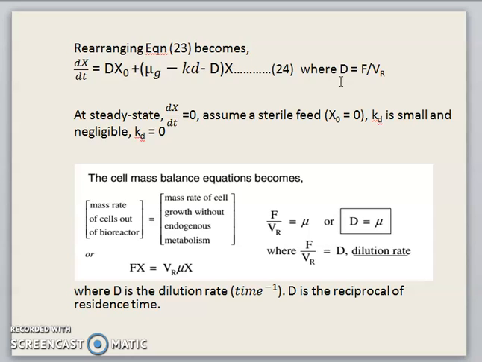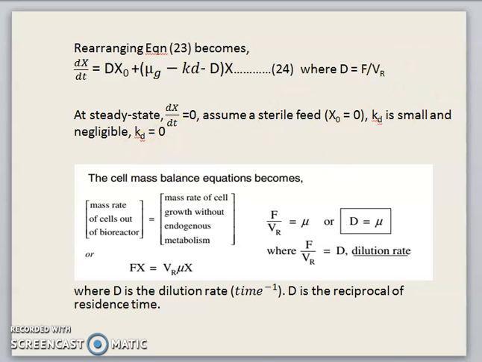You can calculate this dilution rate if you have the flow rate, then divide by the volume of the reactor, and then you will have the dilution rate. This volume of the reactor means the working volume during the reaction.